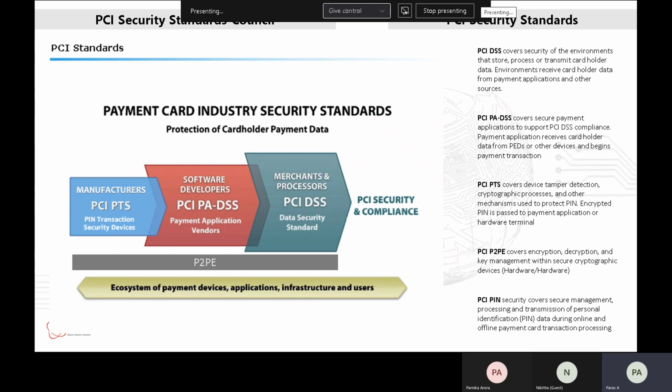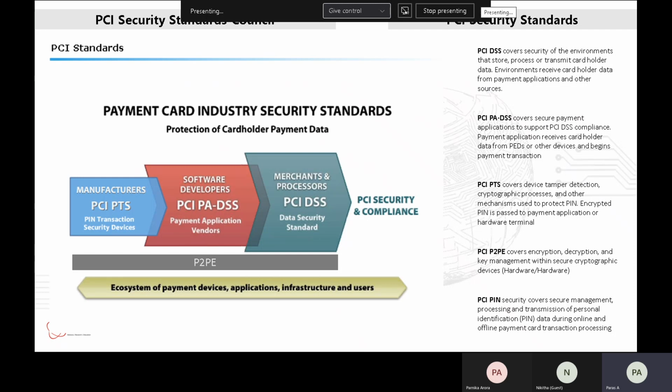One was PCI PTS, which is for the manufacturers of the hardware. Then they created PCI PA-DSS, which is for software developers or third party providers like Razorpay. They create an application which is a payment gateway. So PCI PA-DSS is for those application providers. Then they created a third standard, which is PCI DSS, the data security standard.